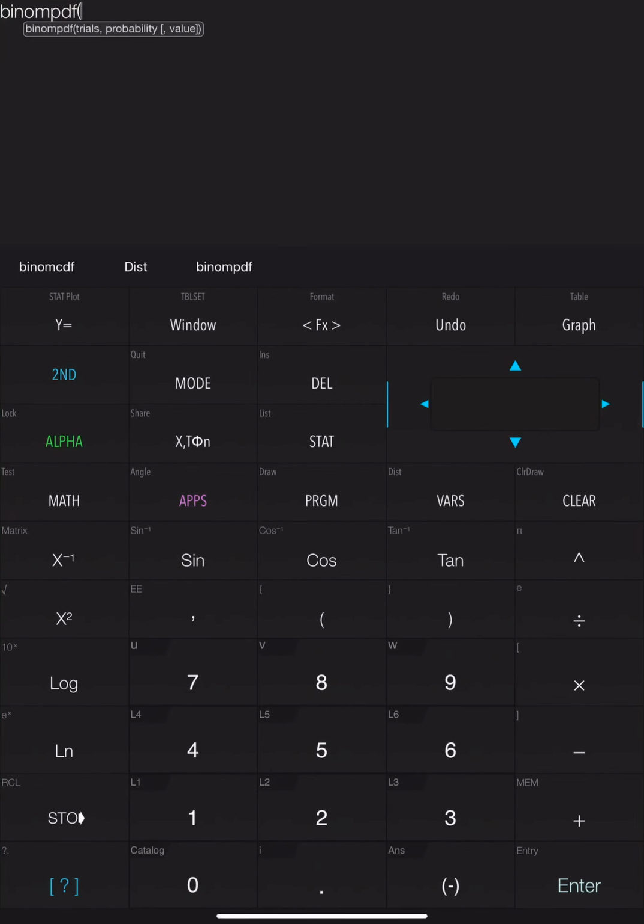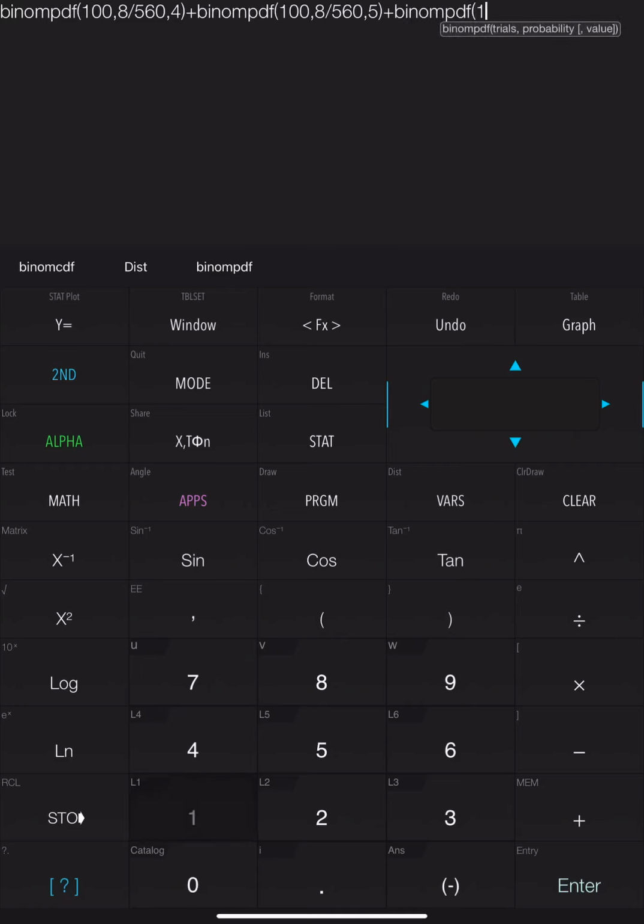Binom PDF, N will be 100, comma 8 out of 560, comma 4. Adding that up with binom PDF, 100, comma 8 out of 560, comma 5. Binom PDF, 100, comma 8 out of 560, comma 6.